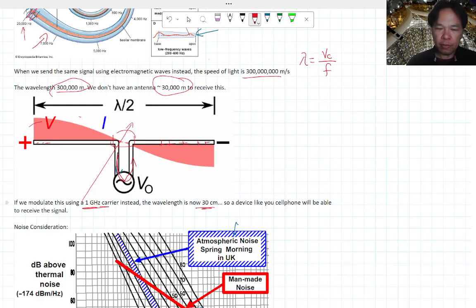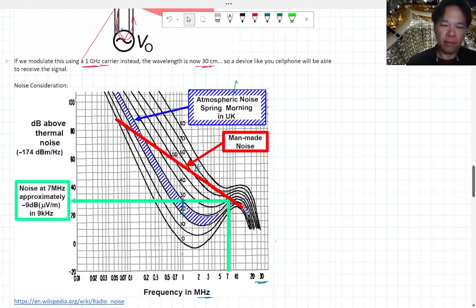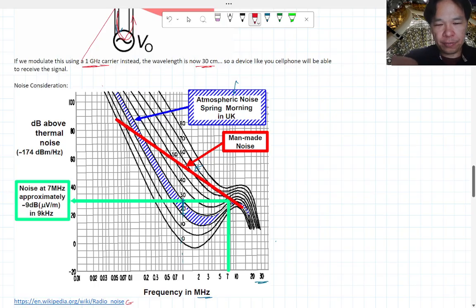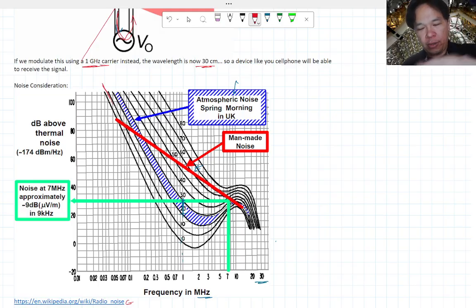The other consideration is that since we live on Earth and most devices live on Earth, there's also atmospheric noise. This atmospheric noise is plotted here, and I found this on Wikipedia also, where basically the amount of noise in the atmosphere goes down as you increase in frequency.